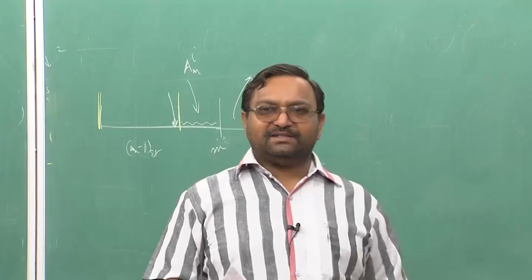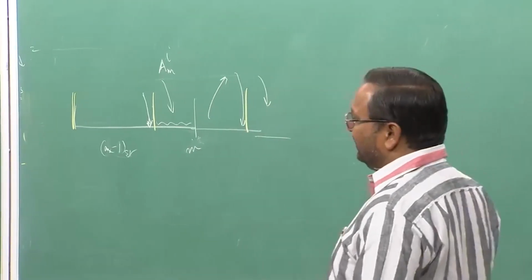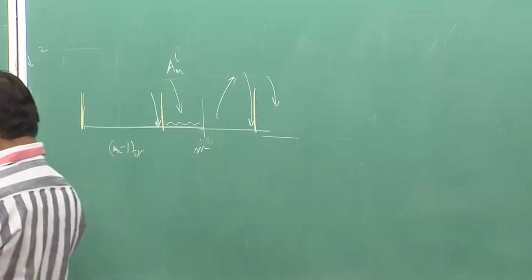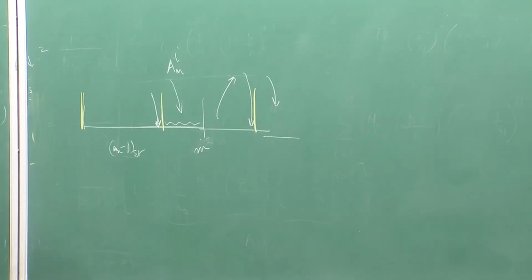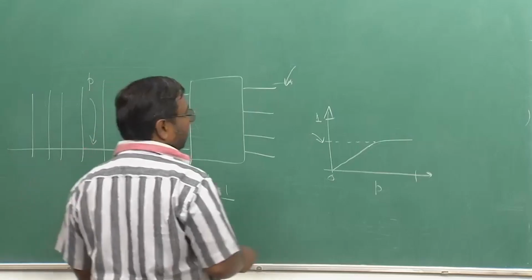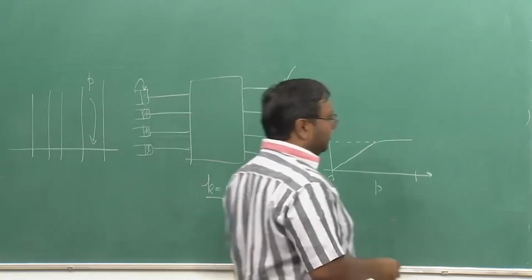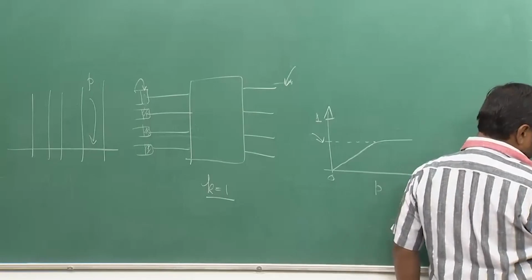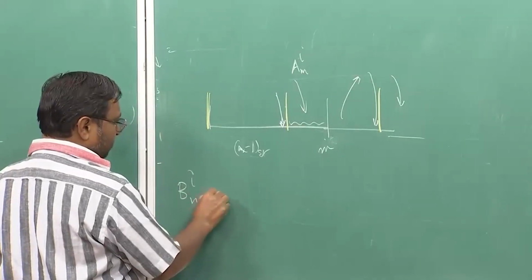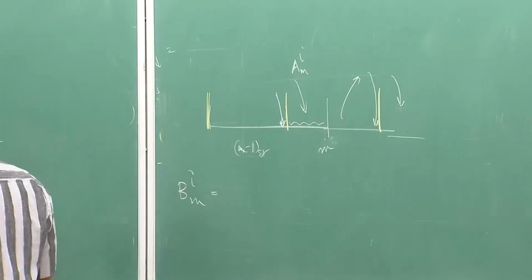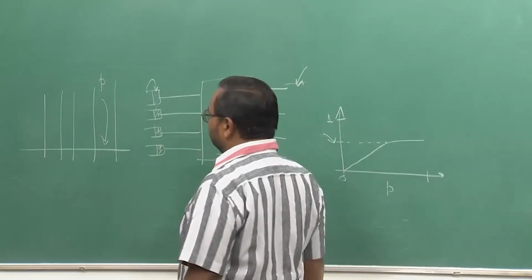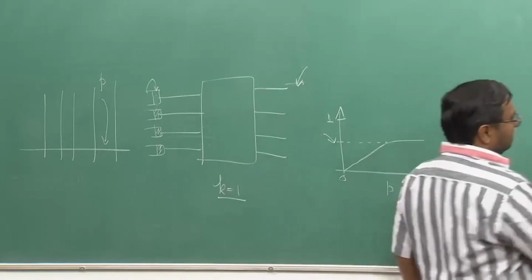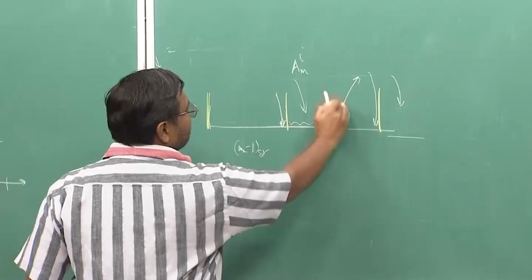So, we have to define certain variables. First of all, I will define a variable called B_m^i, let me write it down here. I am looking at the head of the queues, and this is happening just after the packets have been transmitted out.